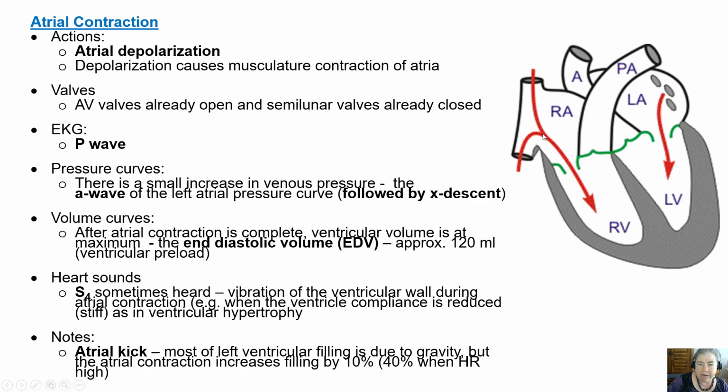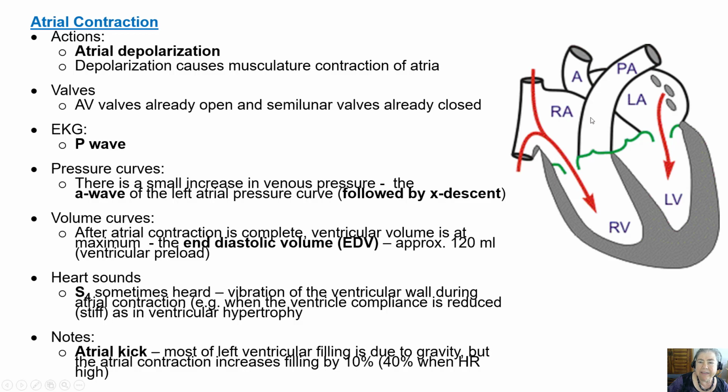So it's electrical signals that we can detect on the surface of the skin as a result of the electrical activity in the atria depolarizing. In terms of pressure curves, in the atrium there's a little bit of an increase in pressure.